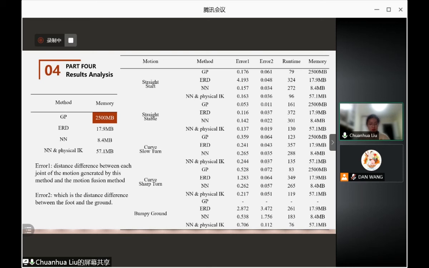Just like the foot maybe just floats above the ground, but that was the problem. And then the runtime and the memory. We can simply see that the memory of the Gaussian process was way too large compared to the motion fusion method. So obviously that was not a usable method.